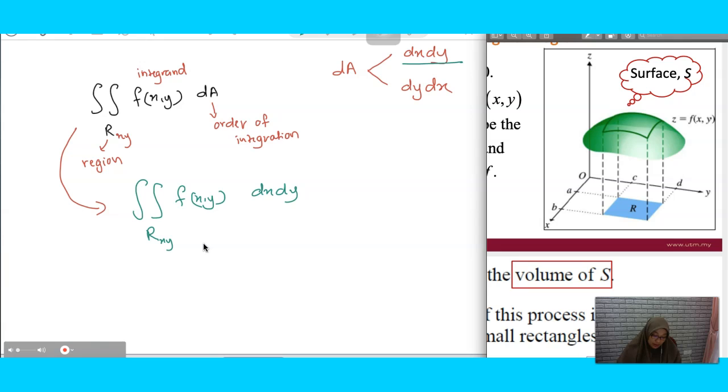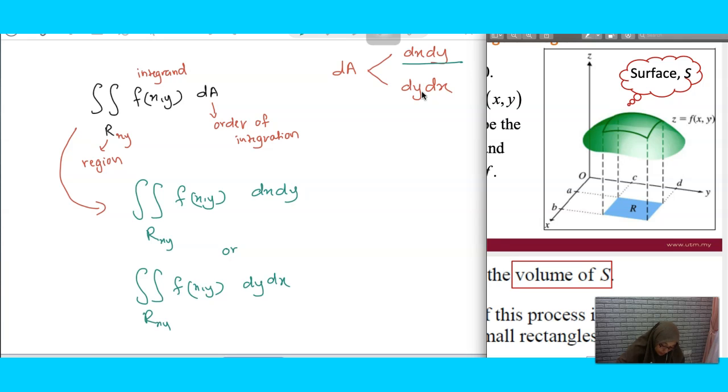Okay, or if you choose the other type of order of integration, you can rewrite your double integral as dy dx over the same region.